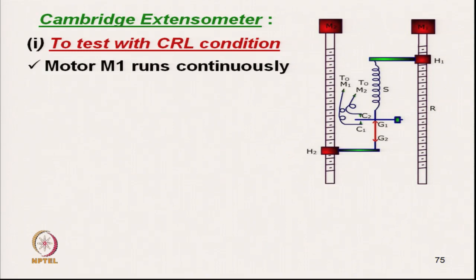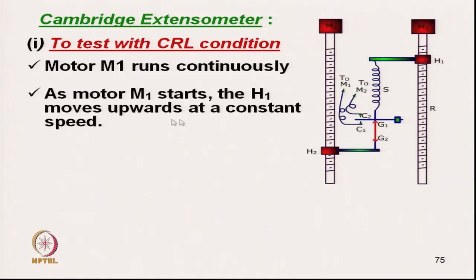Okay. Now, when motor M1 starts moving, the follower H1 moves upward, and this other motor is stopped. So, this is the fixed jaw, and this jaw is moving upward.